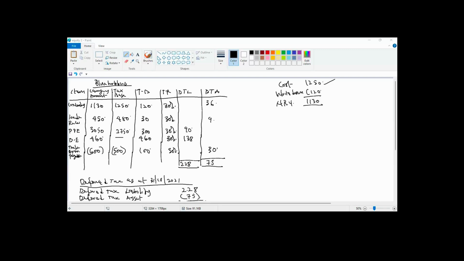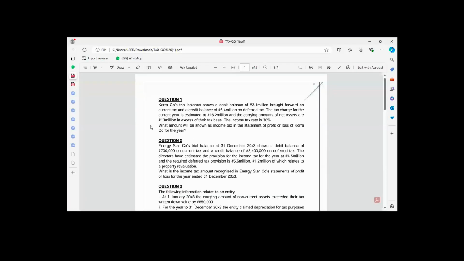Let me show. Can you see the assignment on the platform? Can you see my screen? No, sir. Okay, I'll share. Can you see it now? Yes, sir.